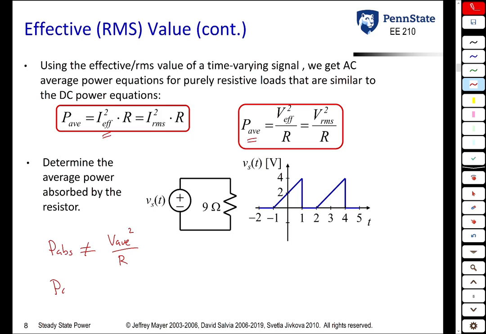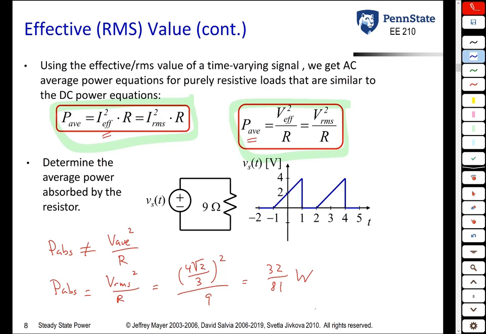But the power absorbed does equal the RMS voltage squared over R. From the previous page, that was the RMS voltage. You square that, you divide by the resistance, and you get 32 over 81 watts.